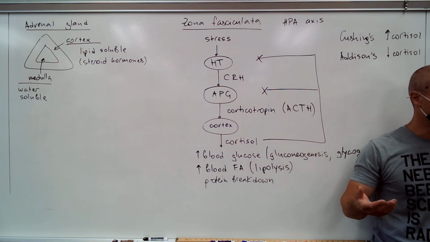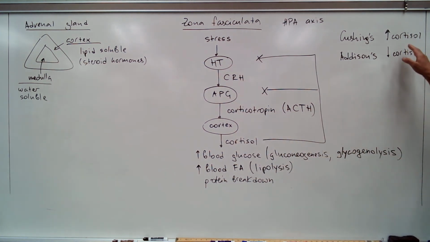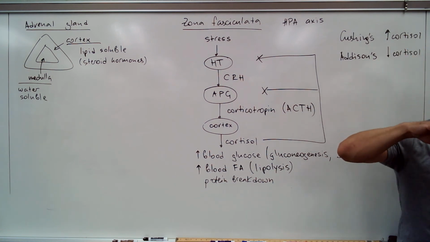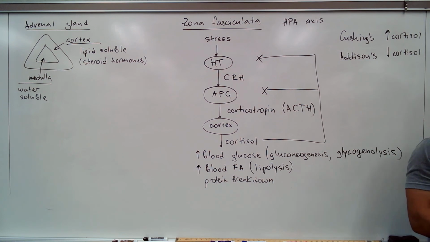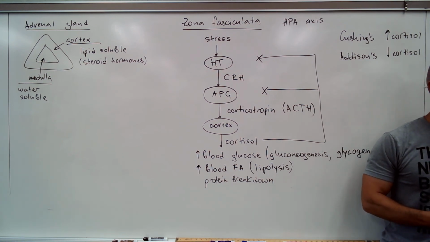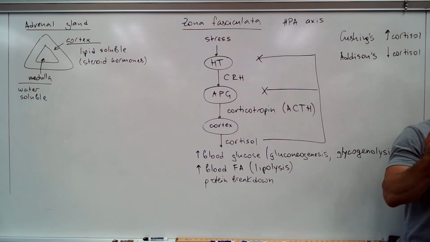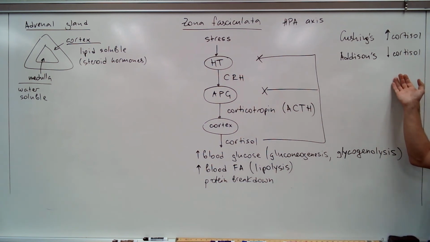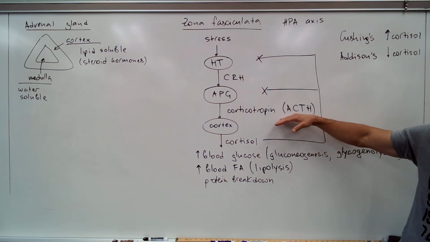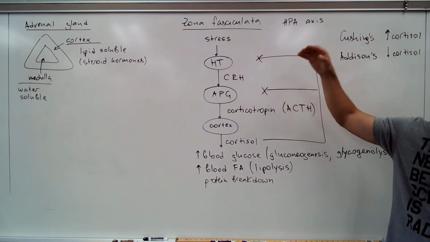Does that make sense? Now in Cushing's, where cortisol levels are high, how can you expect CRH and ACTH levels to change? They will decrease, and in Addison's it's going to be the opposite, right? So in Addison's, cortisol is low, ACTH is high, CRH is high.